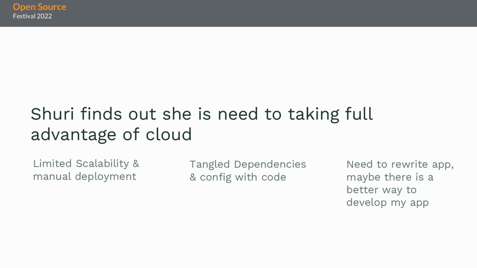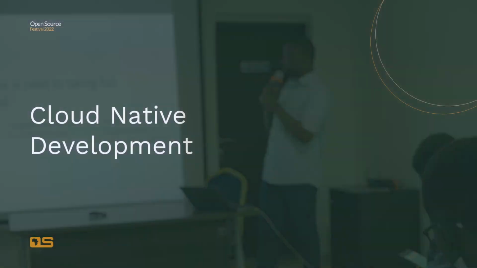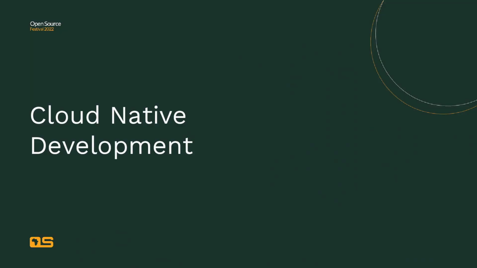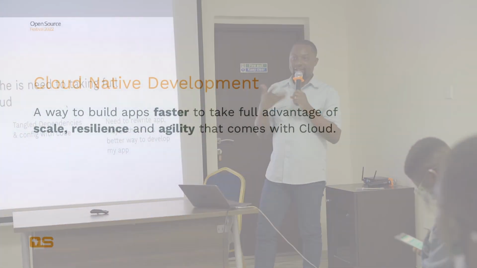And her code is tangled with dependencies and config. If she wants to create new instances, because of tangled dependencies and config in the code, it's really hard for her to take that same code and put it on another instance. And she sees that she needs to rewrite her application, because maybe there's a better way to write her app to take advantage of the cloud.